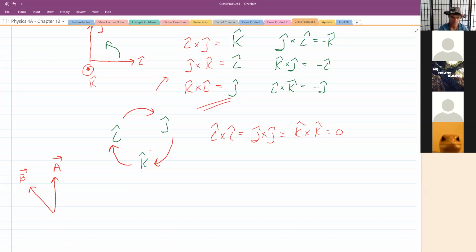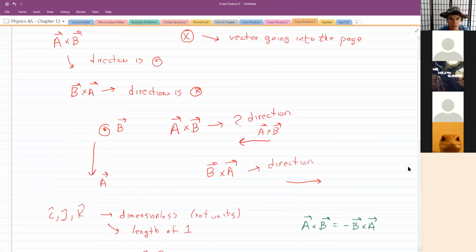Right. So in this case, A cross B is out of page. And just so you know, the way we indicate a vector that's coming out of the page is you draw that with a dot with a circle.